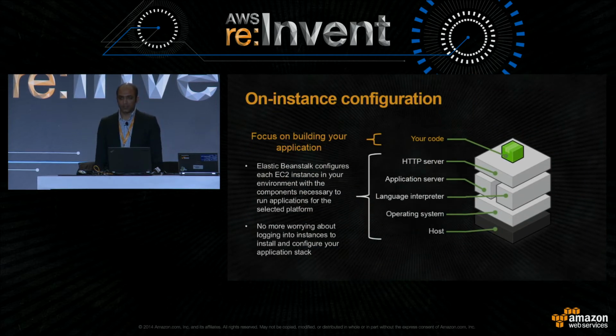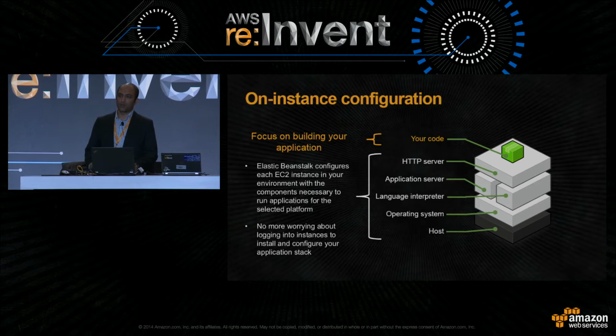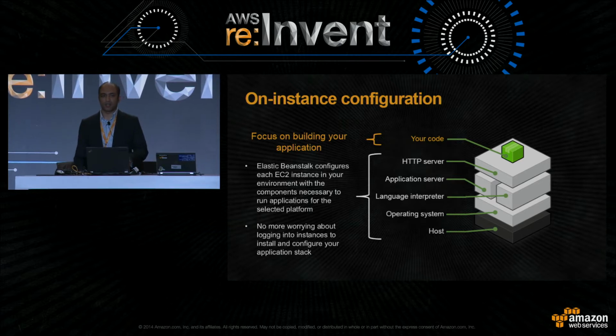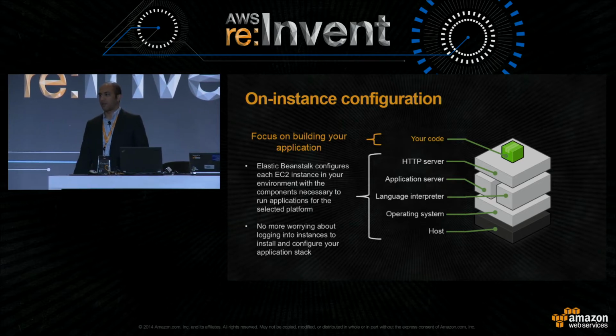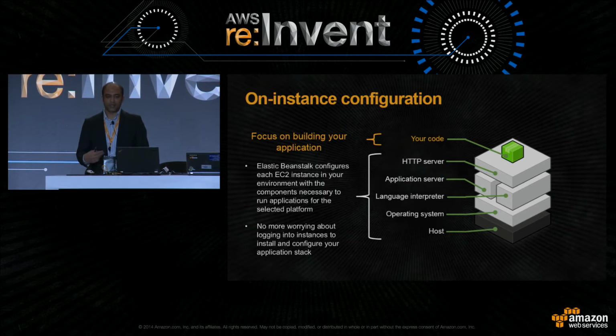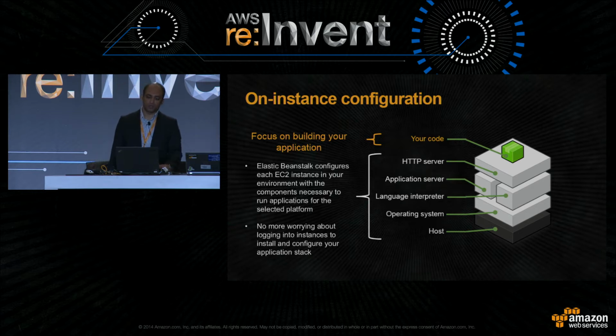This is one of the pieces a lot of people don't get about Elastic Beanstalk. A lot of developers make mistakes here because they try to recreate what they are used to with Amazon EC2 or on their developer workstations. They try to set up the exact application stack, and they're like, hey, I need to install Python, I need to do this, I need to do that. You don't actually need to do any of that with Elastic Beanstalk, because we pre-configure your EC2 instances to have the application container that you've selected already pre-installed on there.